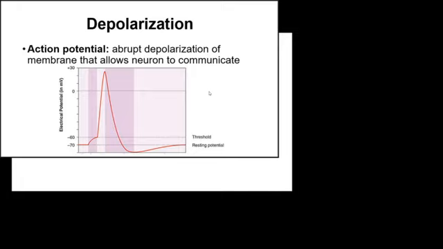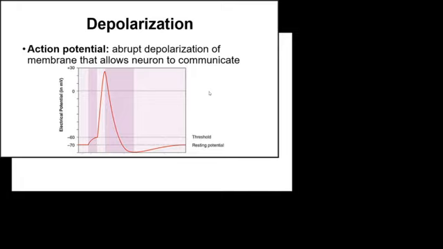It's like it's gone too far because they're all flooding in at once. And then once those are in and we've overshot to positive 30 or 40 or whatever that cell does, that change gets corrected by the potassium ion channels opening and allowing potassium to flow back out.